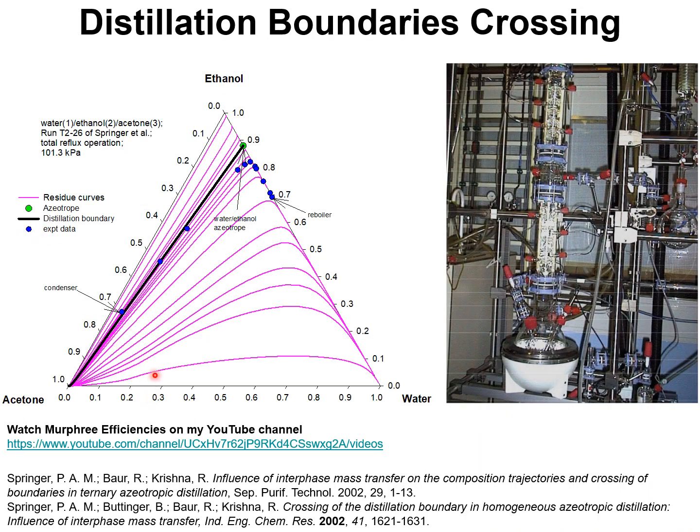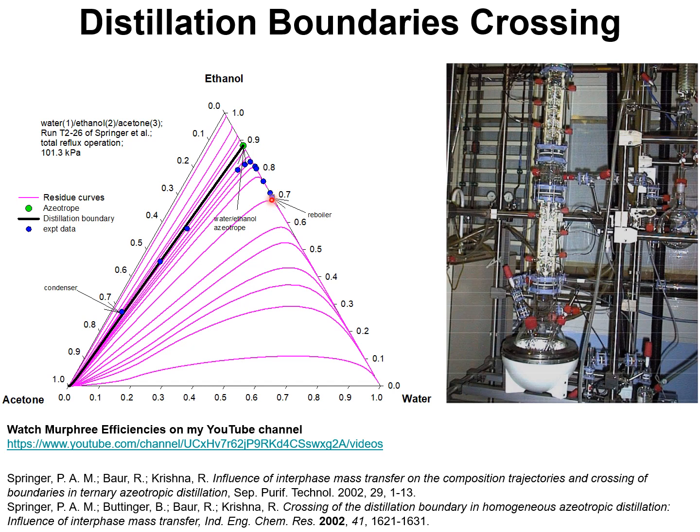In my previous presentation, I had analyzed the experiments of Martin Springer carried out in a distillation column under total reflux conditions for the ternary mixture of water, ethanol, and acetone. The experimental data of Springer shows that the distillation boundary, shown by the thick black line, may be crossed.